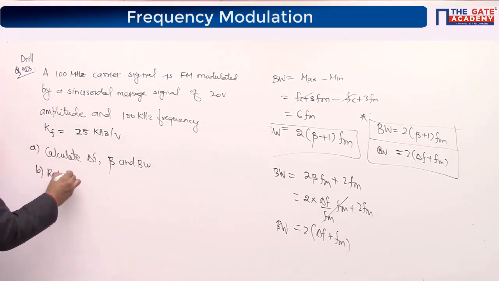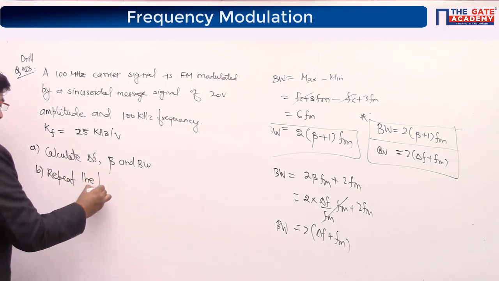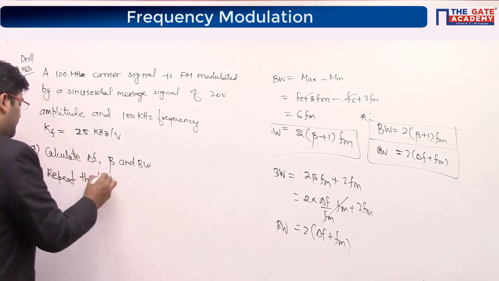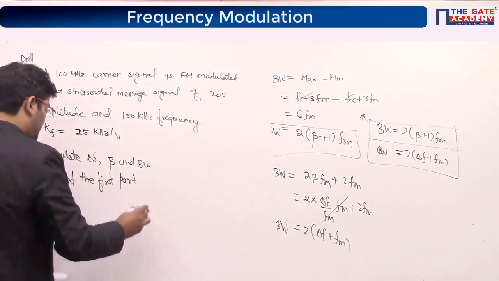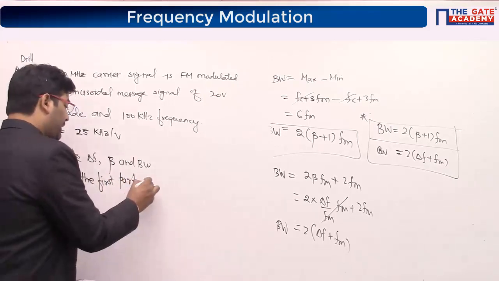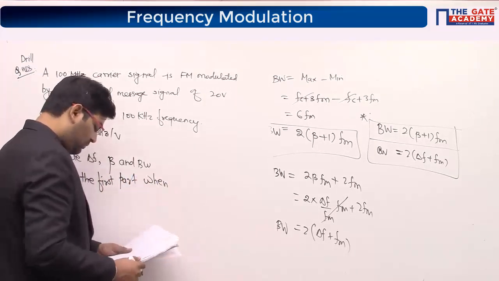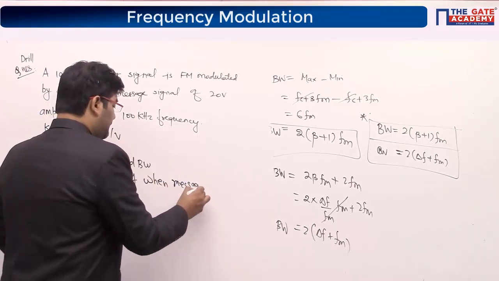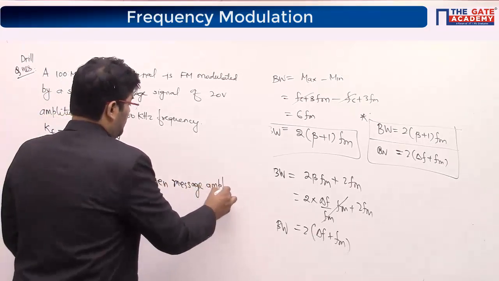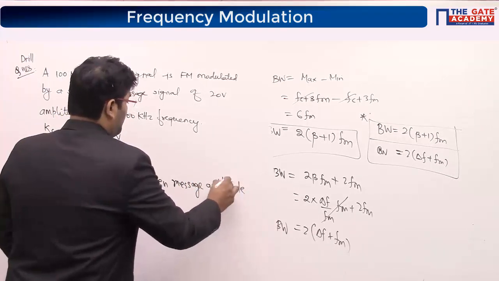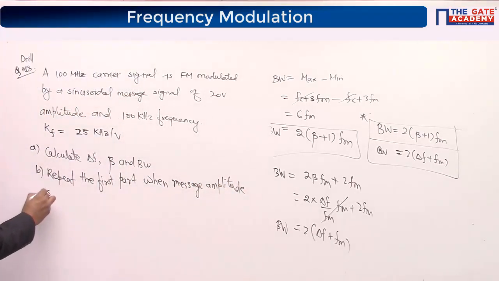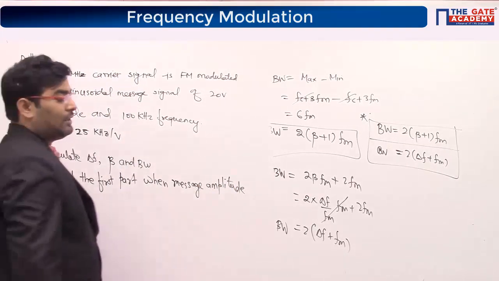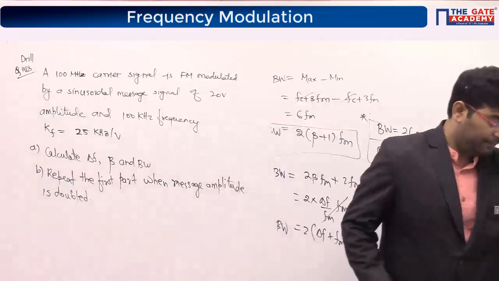Repeat the first part when the message amplitude is doubled. When the message amplitude is doubled.